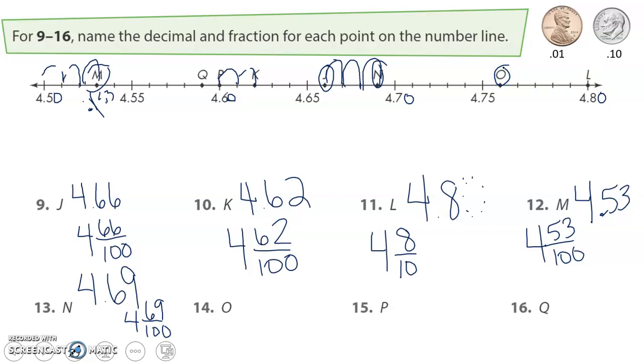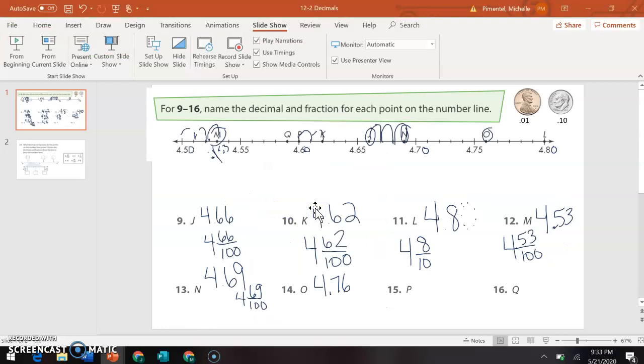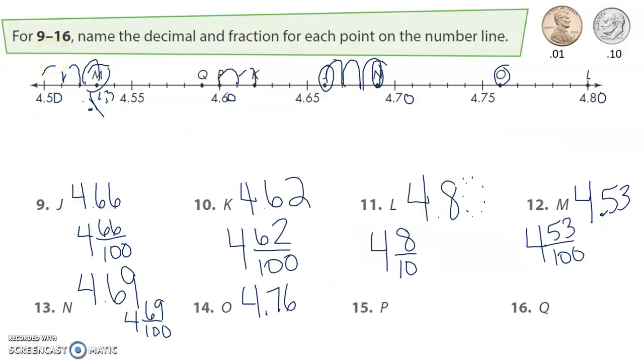So that must be 4 and 76 hundredths. Okay, and as a fraction, it's 4 and 76 hundredths.